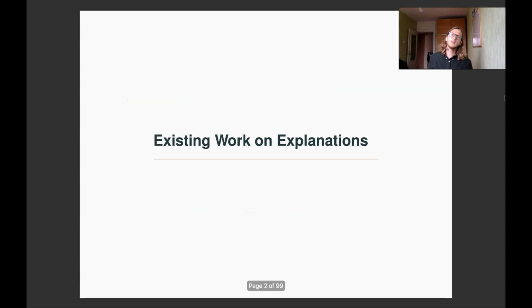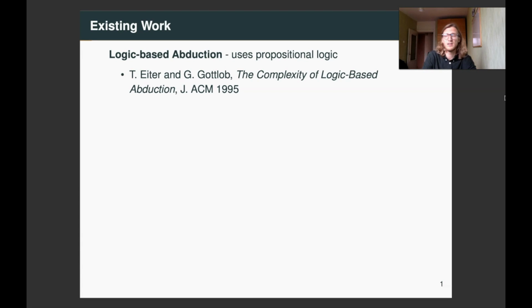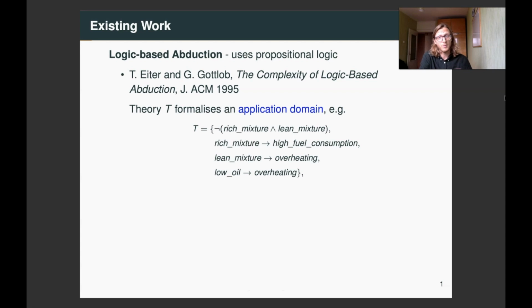First of all, I would like to start by reviewing some of the existing work. The earliest work on abductive reasoning, that is explaining the observed consequences, used propositional logic to model the situation. A propositional theory was used to model the application domain.